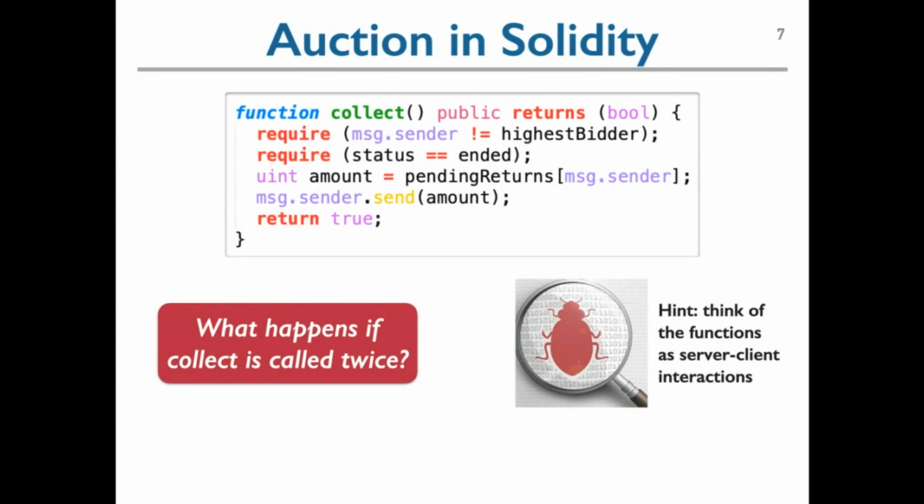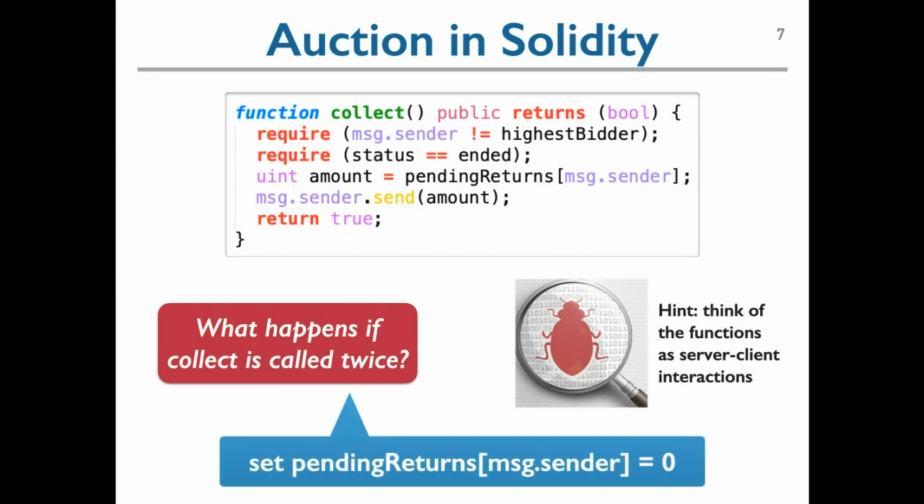So here, as you can see, they will get their money back twice, and if the collect is called n times, they will get money back n times. The problem here is that I did not update the dictionary to set pending returns of the sender to 0.